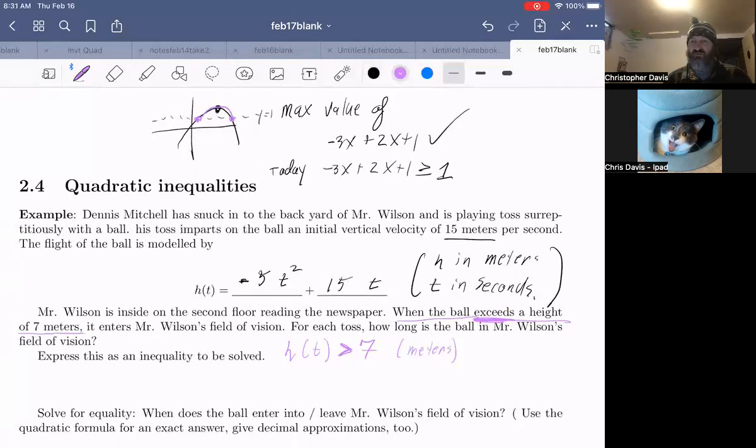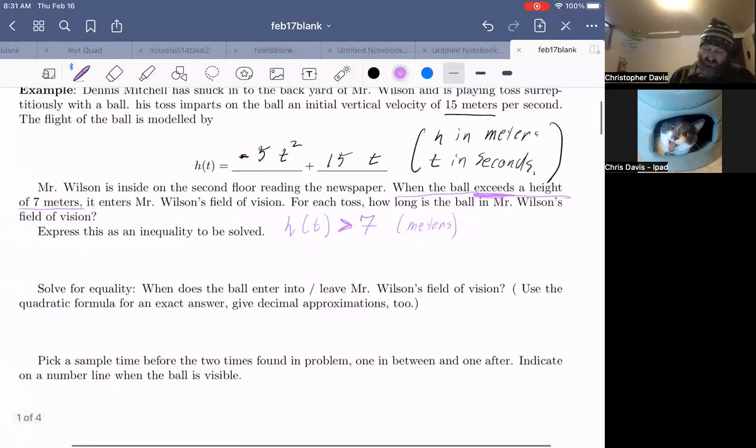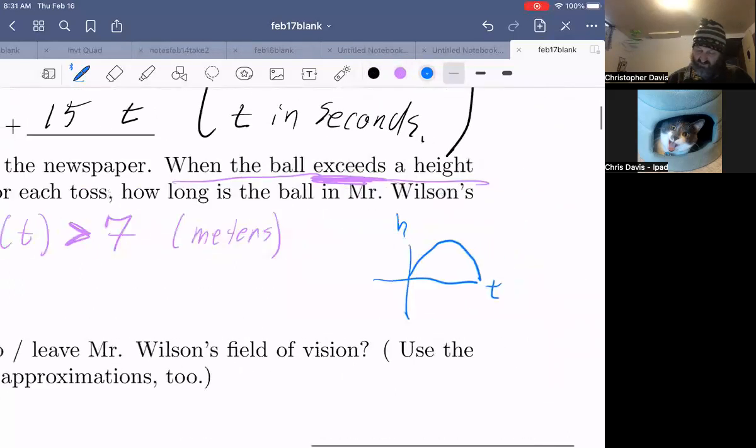So here's the strategy I'll propose for solving almost any inequality, but in particular quadratic inequalities. Step 1, we will solve for equality. If you like, this is saying, well, whatever the graph of this function looks like, time versus h, it'll look something like that. And so if there's a height of 7 meters, well, there's the bit of the graph which is above 7 meters.